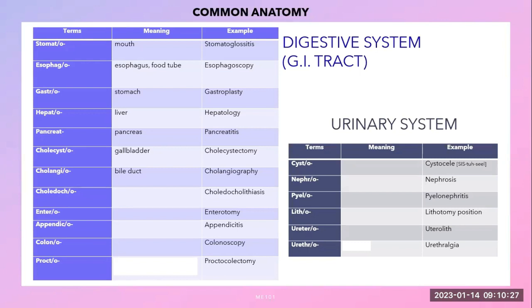Yes. Like photography, that means you take a picture. So graphy means you want to see something like a picture, right? So cholangiography means that you want to see the bile duct in pictures, something like that.